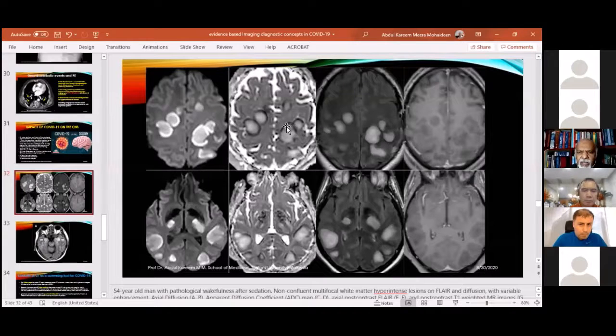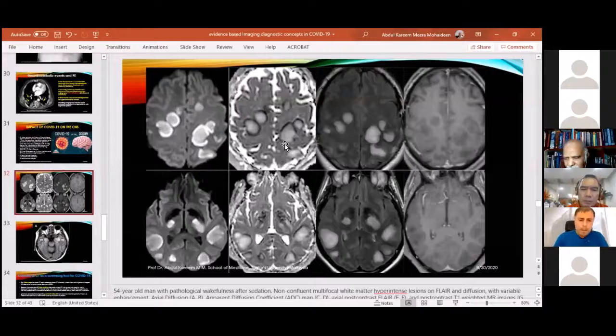Sometimes, if the blood supply is inside the lesion also, the lesion itself may get enhanced, but the enhancement at the periphery will be more than the enhancement of the lesion itself. So when the periphery is seen as a ring, it is called ring enhancement.